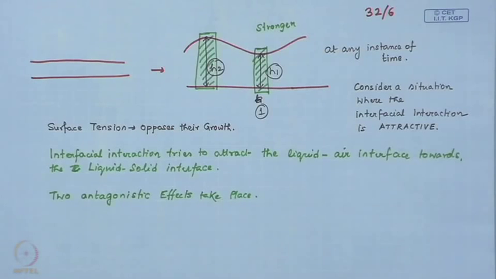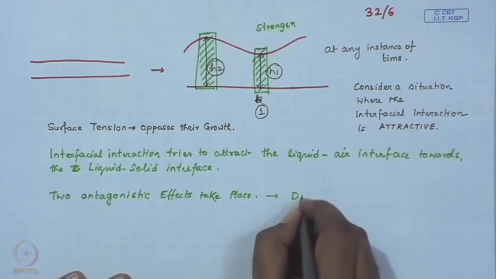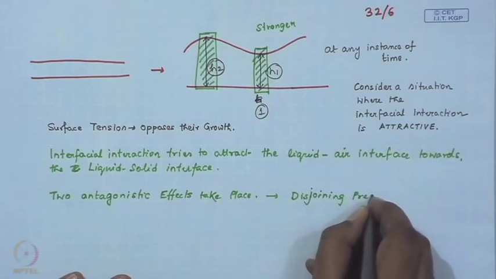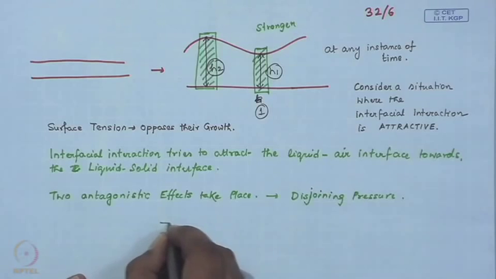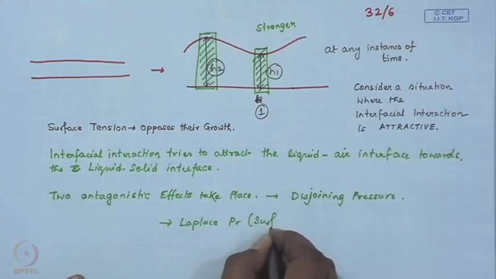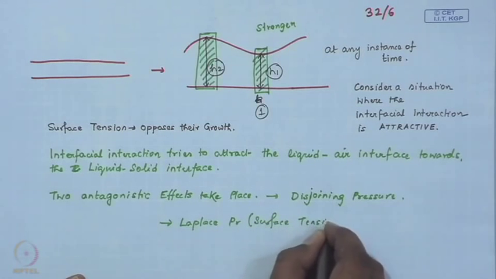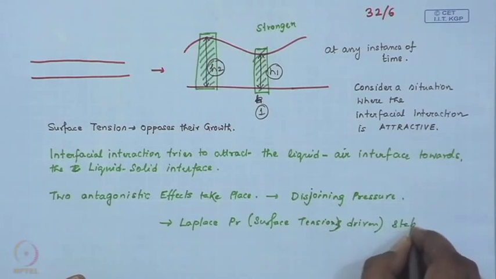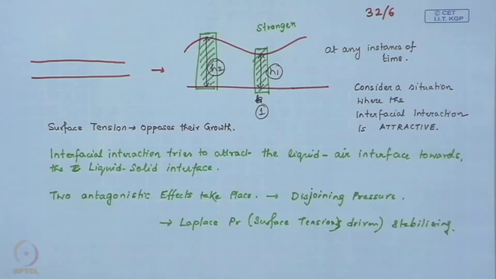One is an attractive interfacial interaction which results in the disjoining pressure, and one is the Laplace pressure driven, or surface tension driven, stabilizing effect.